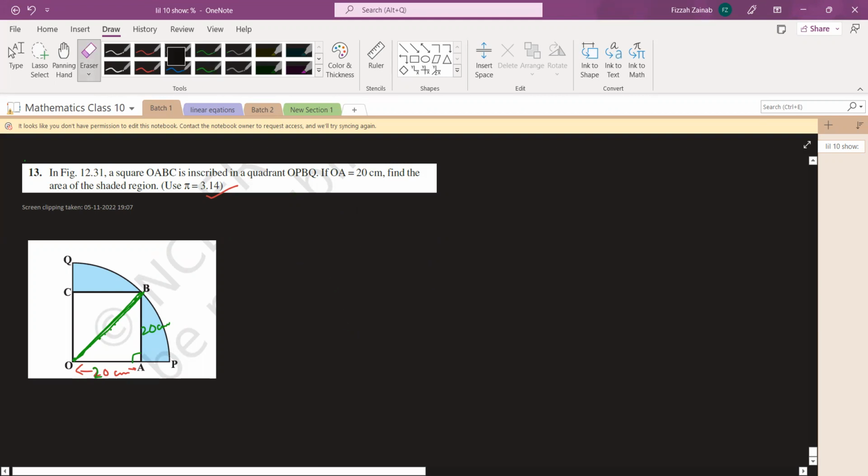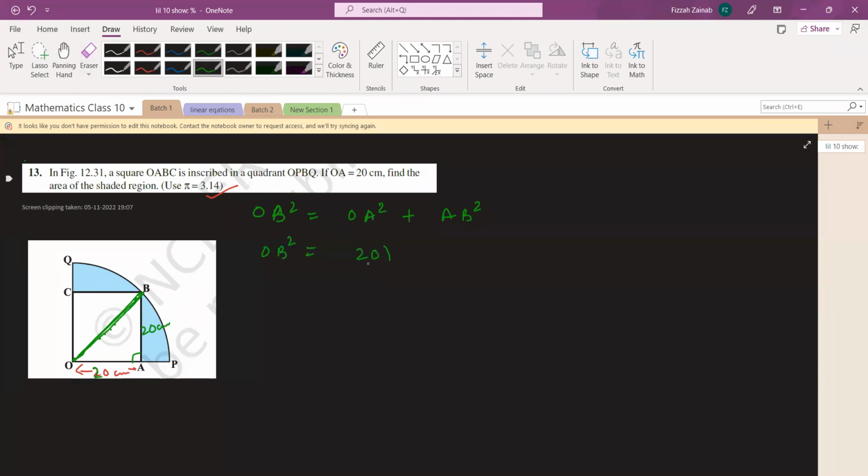Okay, let us solve it. So basically OB square will be equal to OA square plus AB square. So OB square will be OA is 20 whole square, AB is also 20 whole square. So you will get centimeters.